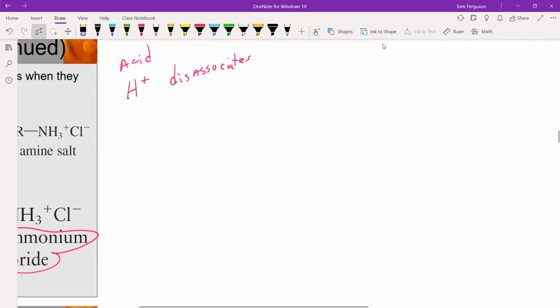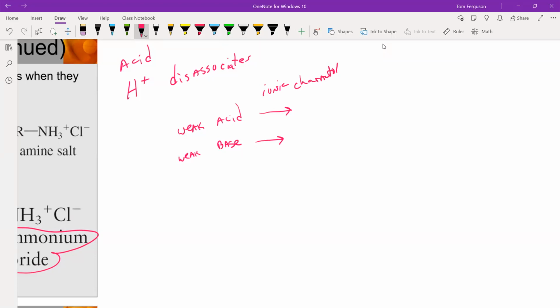So if we have a weak base, looking at the ionic character, let's say pH less than 7 in an acidic environment, there's no change.